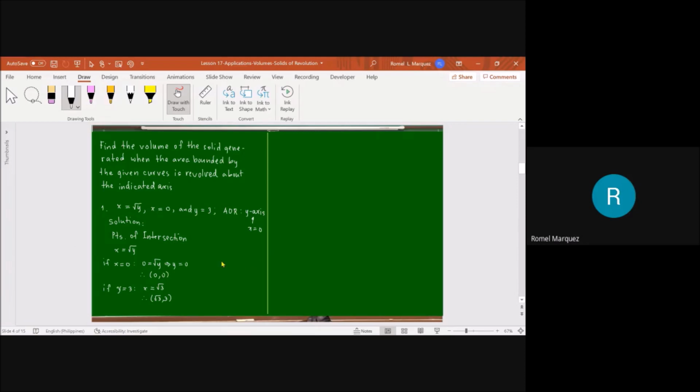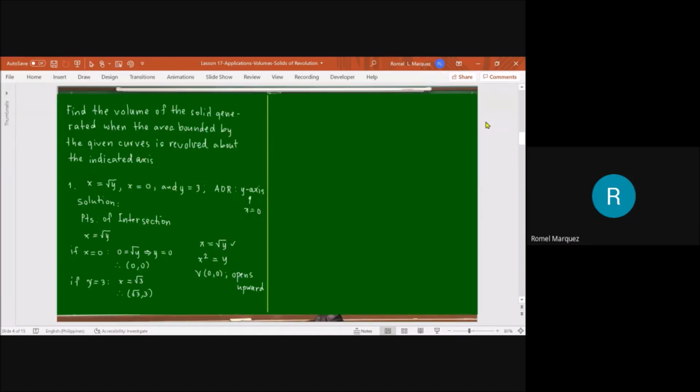So let's now trace. By the way, x equals square root of y. When we square, this is x squared equals y. This is a parabola, but only part of it, because the original is x equals square root of y. Vertex at (0, 0), and this parabola opens upward. But we want only the part in the first quadrant. So let's now trace the region.